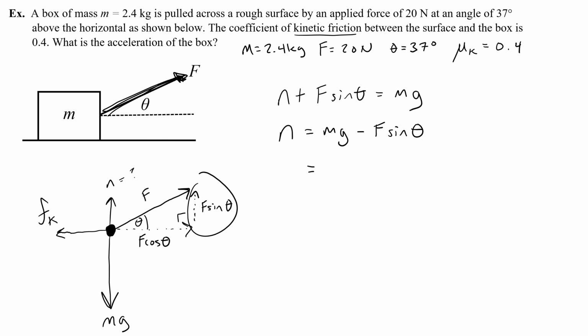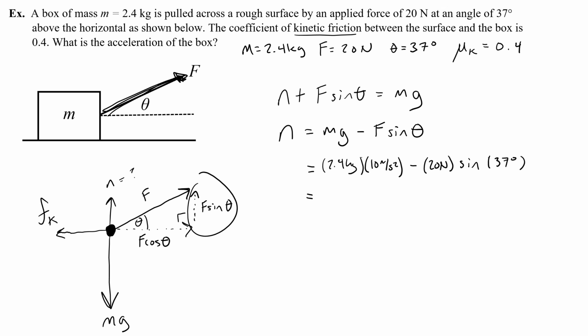All right, let's put a number to this real quick just to make things kind of easy for ourselves. The mass is 2.4 kilograms times, we'll use 10 meters per second squared. And then F sine theta is 20 newtons times sine of 37 degrees.